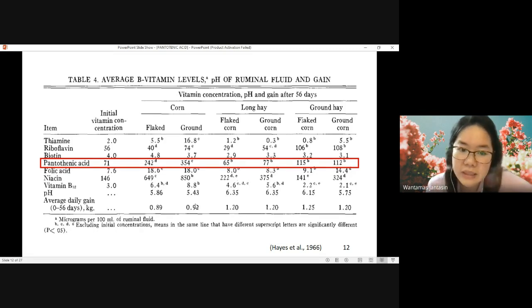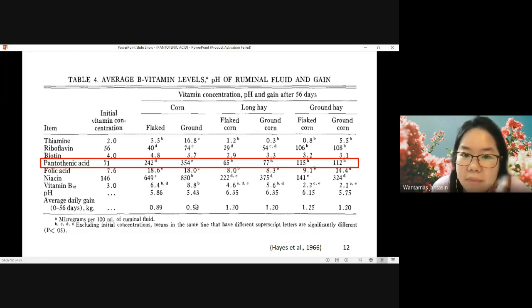For example, here, if we use corn, we tend to have high niacin compared with hay, other long hay or ground hay.